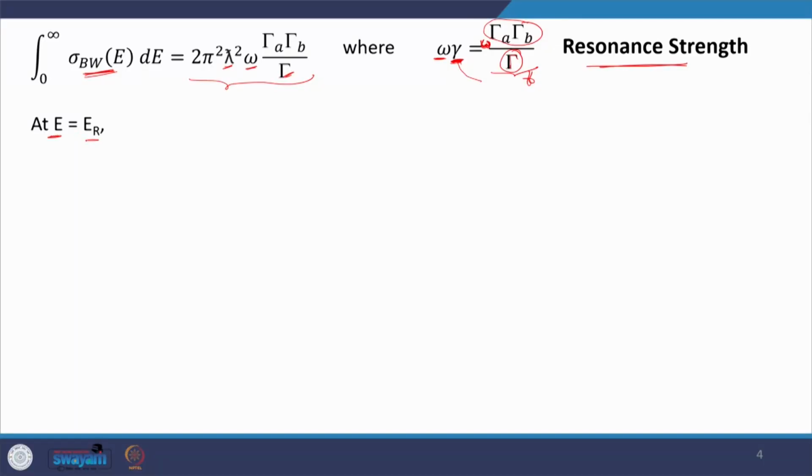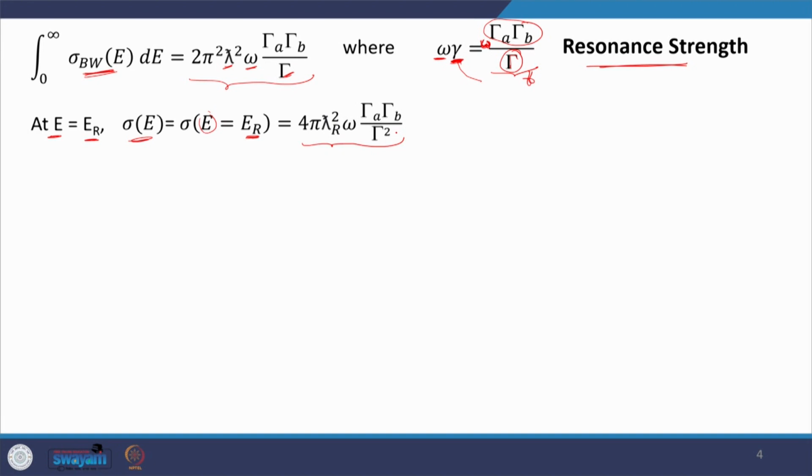At incident projectile energy equivalent to the resonant energy, I can write down the cross section exactly at that energy by replacing E with exactly ER, and by taking the help of this integral and the remaining things, I can come up with this kind of expression.